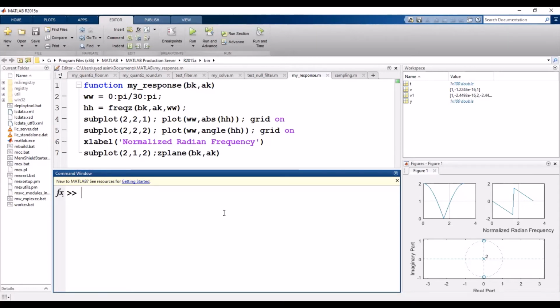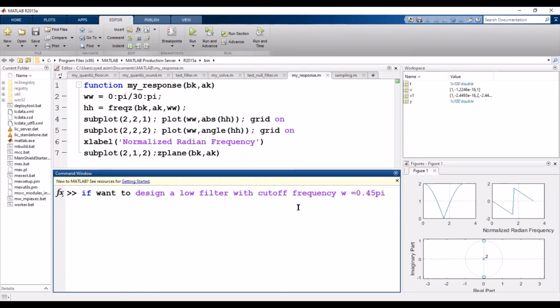Now if I want to design a low pass filter with cutoff frequency omega equal to 0.45 pi.